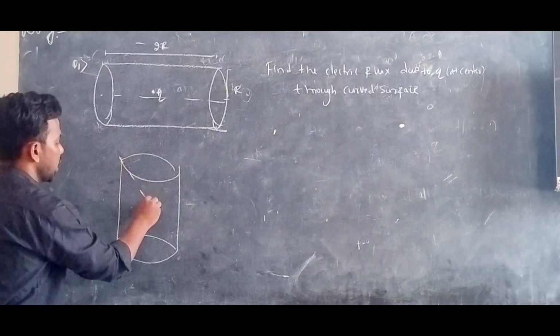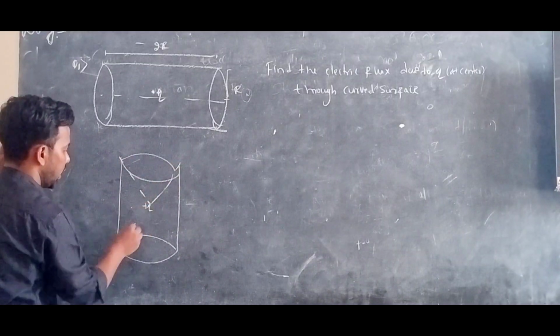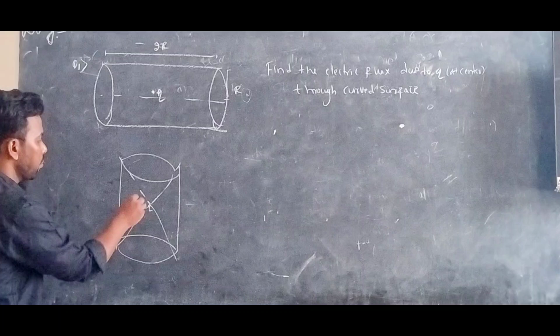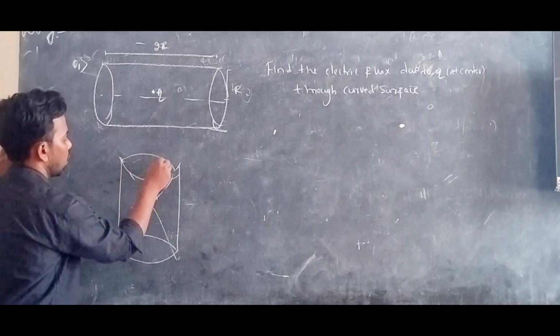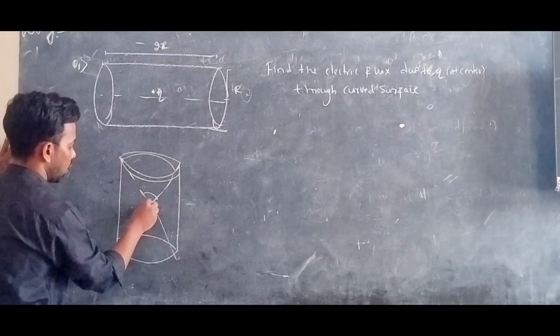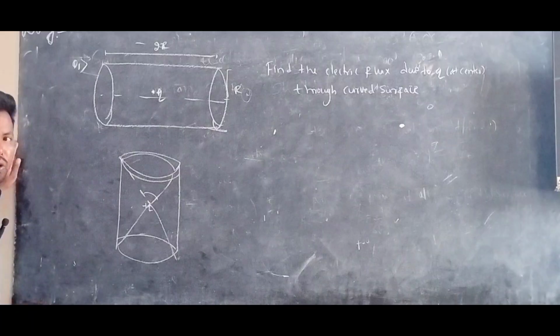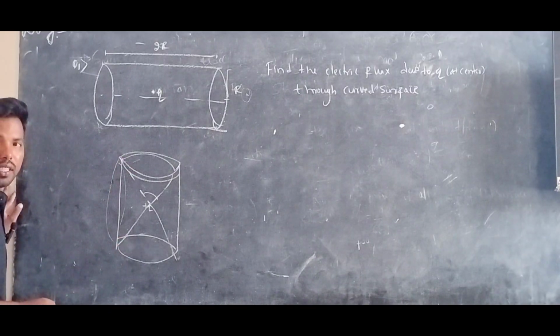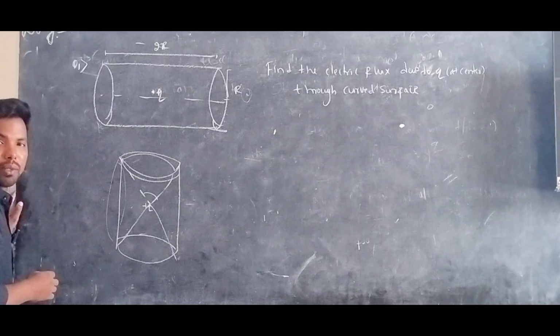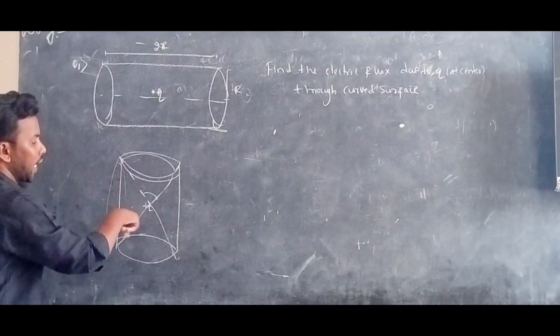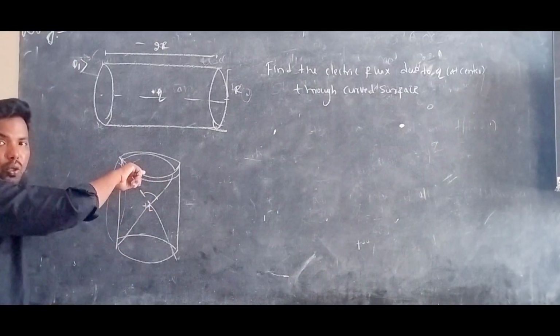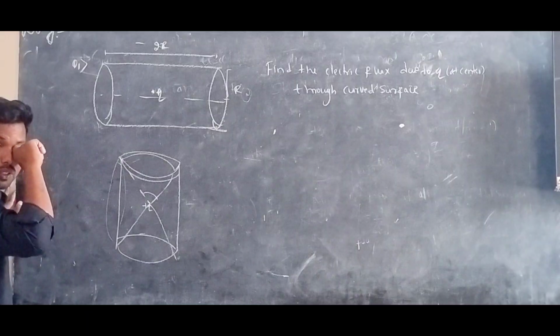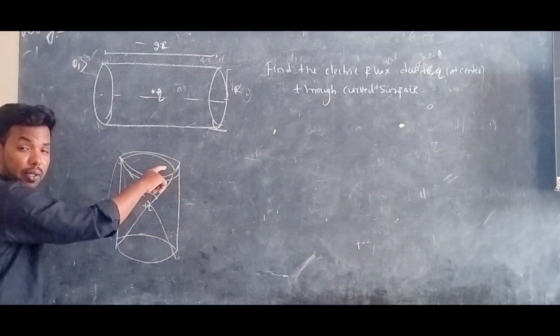If you extend this, what is the shape? Cone. We want the electric flux on the curved surfaces. So here, the total for the cylinder is q by epsilon naught.